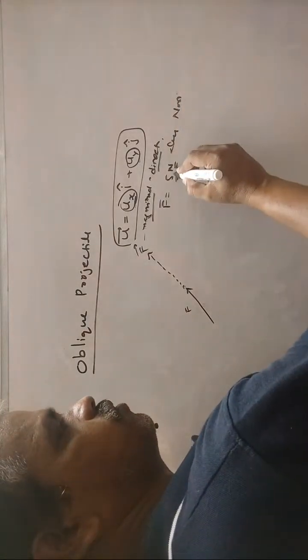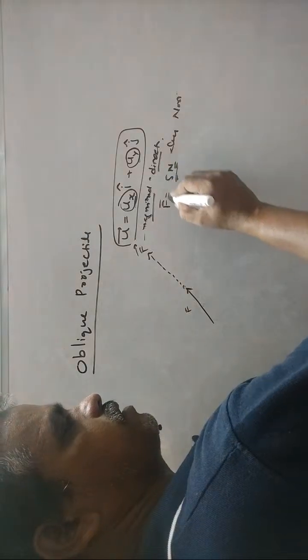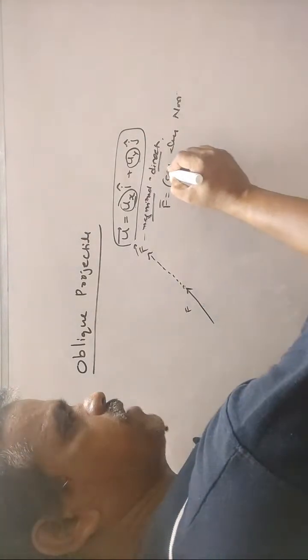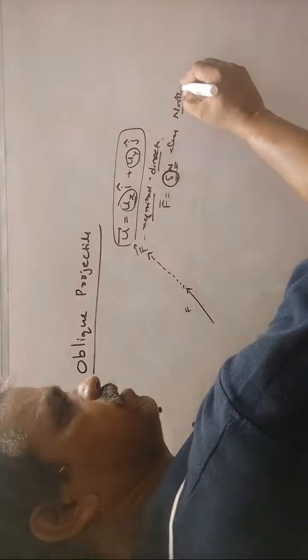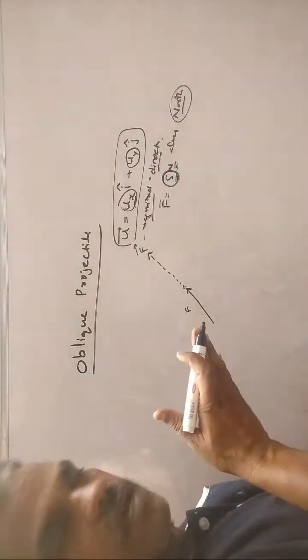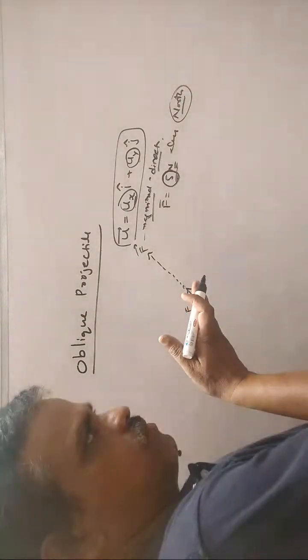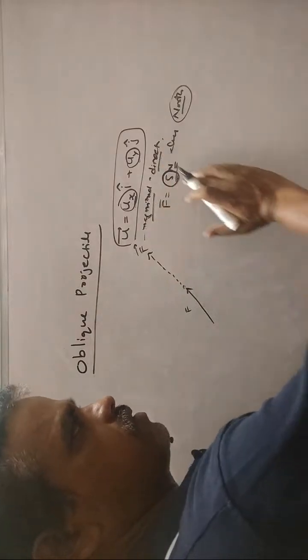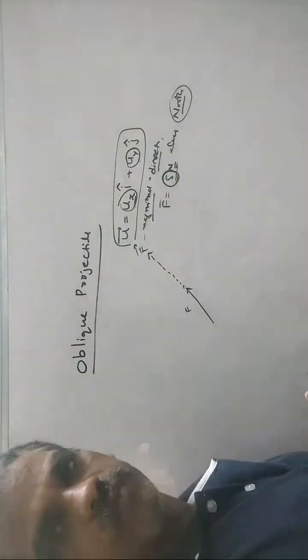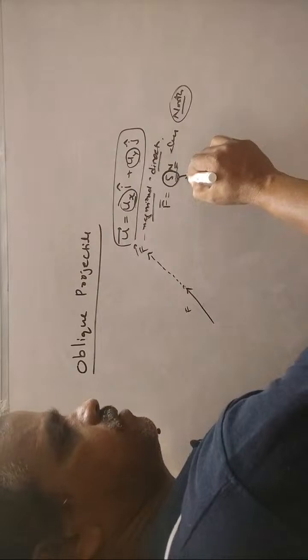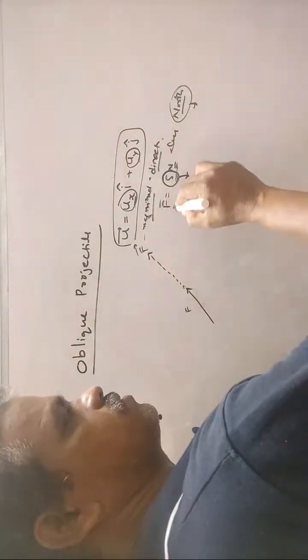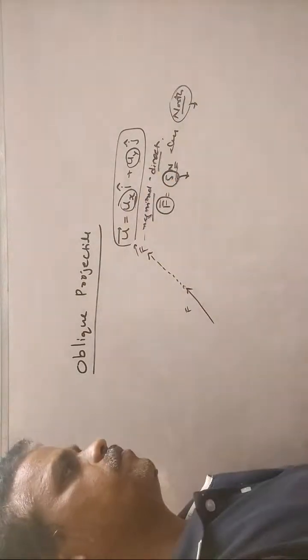Here 5 newton is the magnitude, and along north is the direction. The force is acting along the north direction, and the magnitude is 5 newton. So we mention here magnitude and direction. That is why force is a vector quantity.